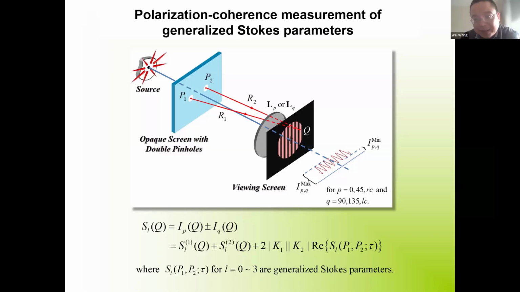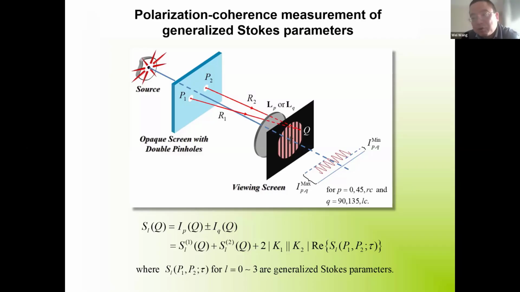At the detection plane, we insert different combinations of linear polarizer and quarter wave plate. Once we have this fringe, we are able to observe the fringe in terms of the Stokes parameter. It means that at the detection plane, what we measure is the Stokes parameter instead of the intensity itself. Here, the intensity has already been polarization filtered.